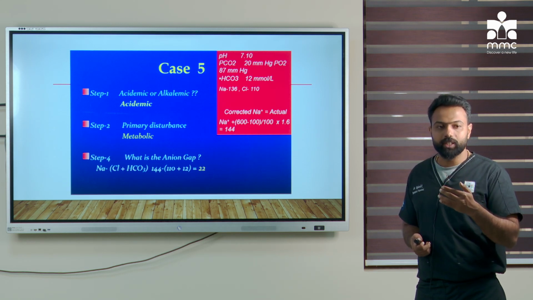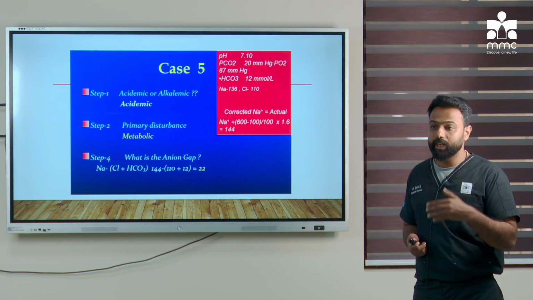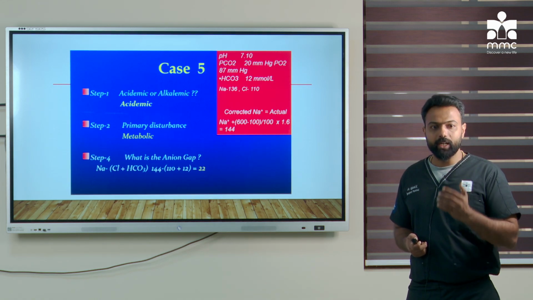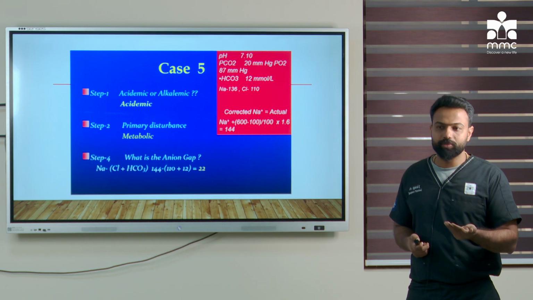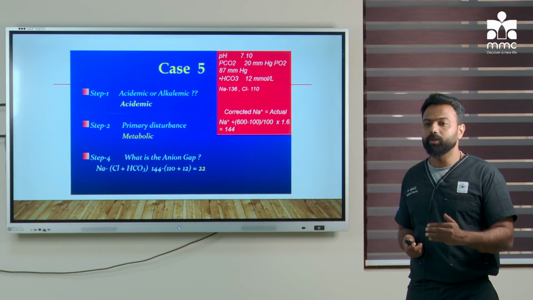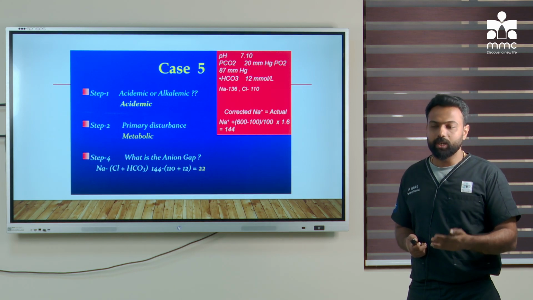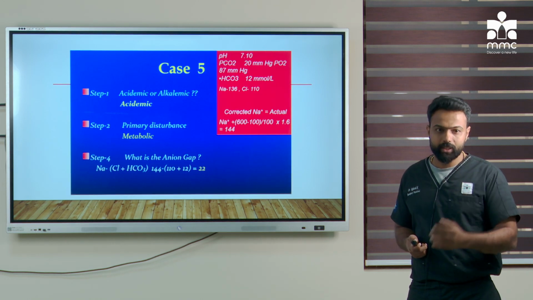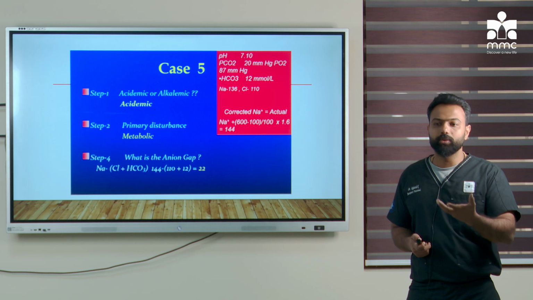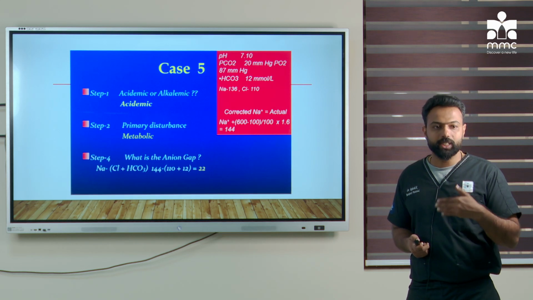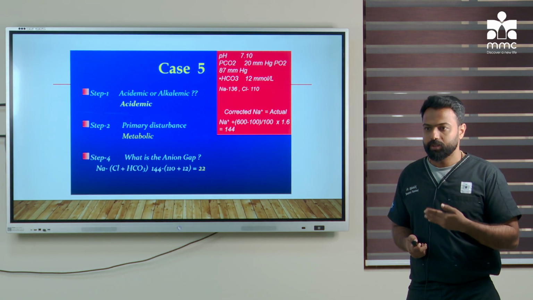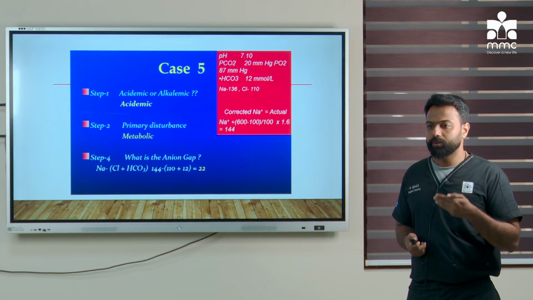Ideally, after calculating the anion gap, if it is a high anion gap metabolic acidosis, you have to look at the DDs again, and find out whether any additional cause of metabolic acidosis is there. For that, you have to calculate the delta anion gap, delta bicarbonate, or corrected bicarbonate. Two methods are there. After calculating that, you will get an idea whether an additional component is there or not. Then you have to treat accordingly.